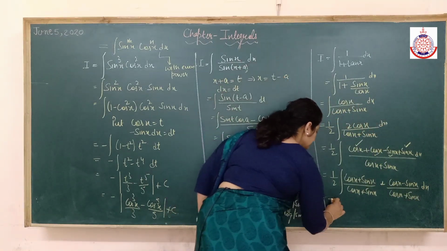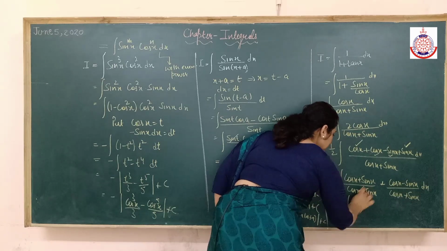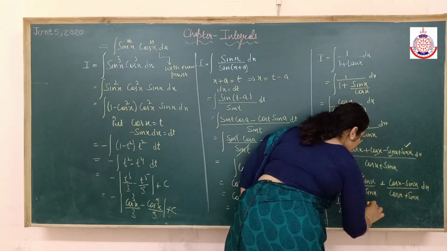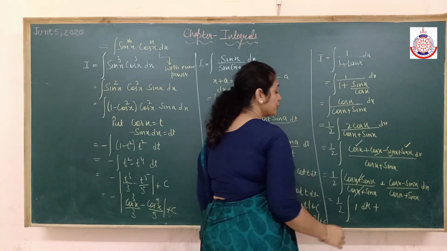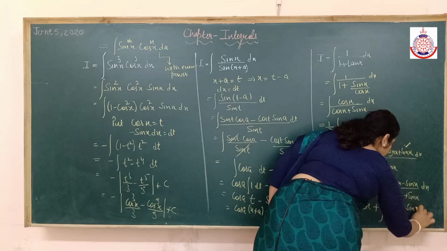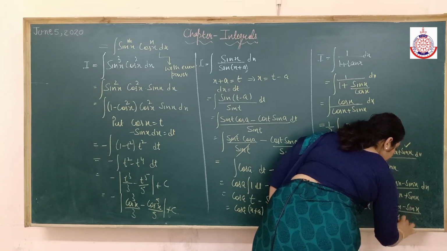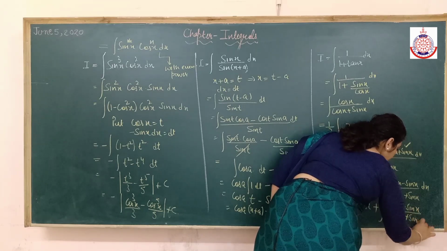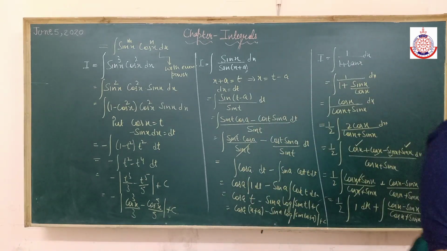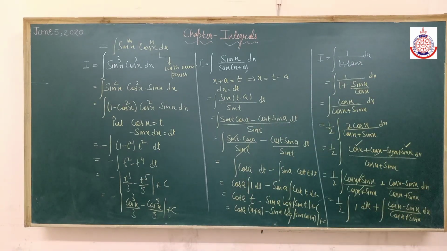This cancels. That's 1. And this I am going to do by substitution. This part we will do by substitution. Is it clear? What is the integration of 1?